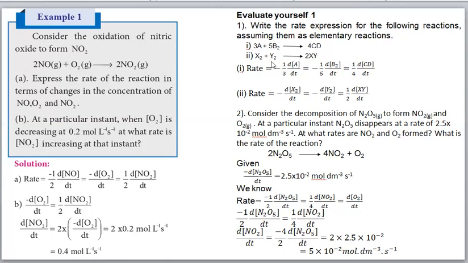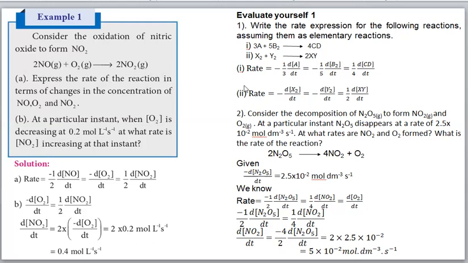So rate in terms of A we can write, these are reactants, so minus 1 by 3, number of mole is 3, 1 by 3 d[A] by dt. And then in terms of B we can write minus 1 by 5 d[B2] by dt. In terms of CD, since it is product there is no minus sign, so 1 by 4 d[CD] by dt.